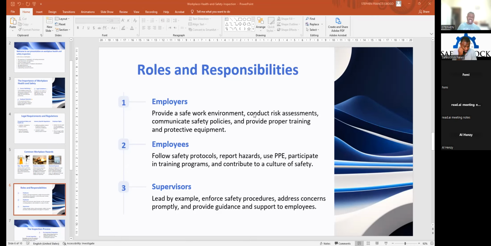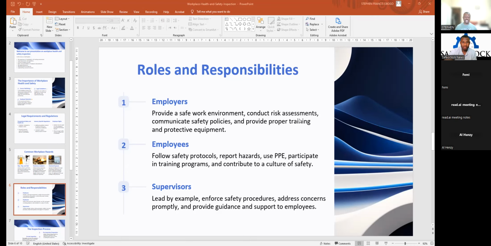Now to the supervisor, because supervisors are like the lead in charge of a certain group of workers, maybe depending on the activity they are doing. It is very, very mandatory that all supervisors lead by example. They enforce all safety procedures and protocols, and also address concerns promptly, not with an I-don't-care attitude, in resolving issues that have to do with health and safety.